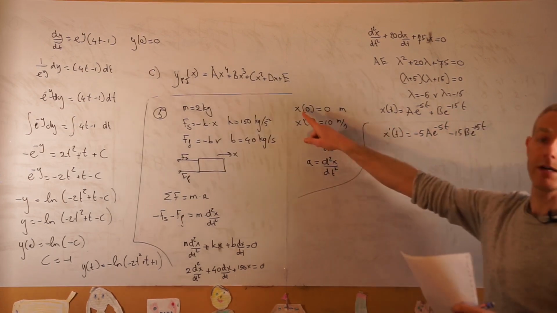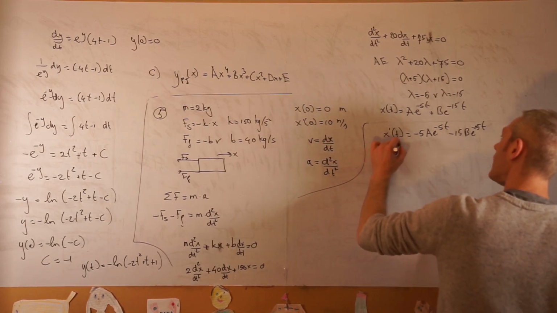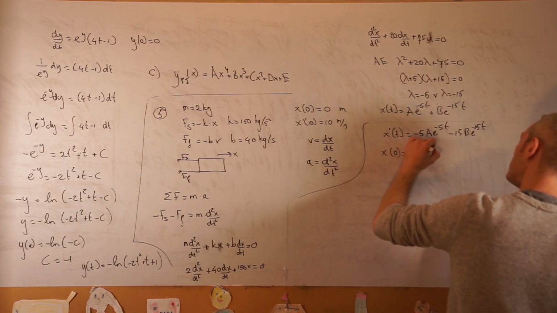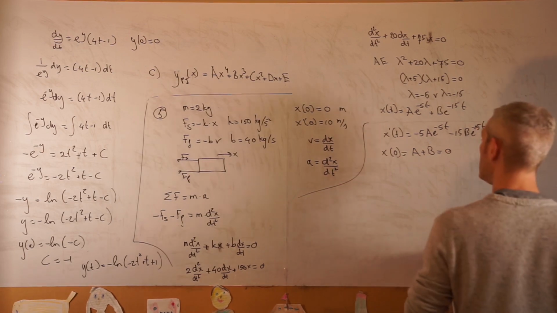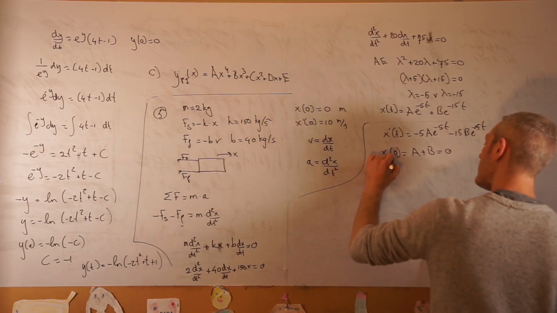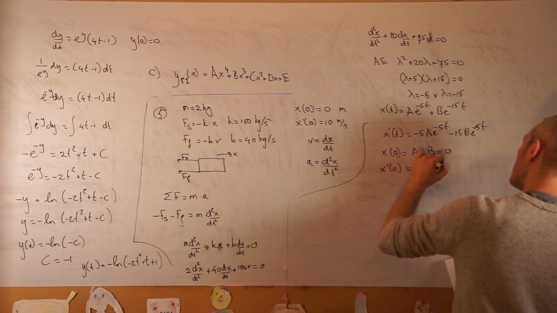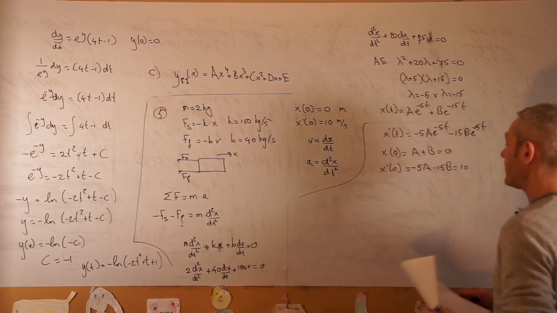And I plug in my values here. So x0, I put t as 0, is equal to a plus b, which is equal to 0, because that's my first initial condition. X prime 0 is equal to minus 5a minus 15b, and that is equal to 10.